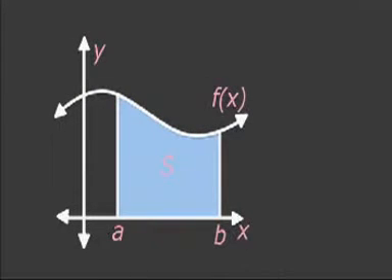The definite integral is informally defined as the net signed area of the region in the xy plane bounded by the graph of f, the x-axis, and the vertical lines x equals a and x equals b.